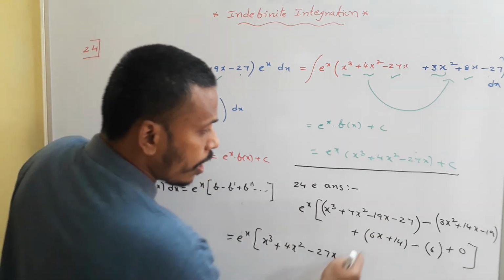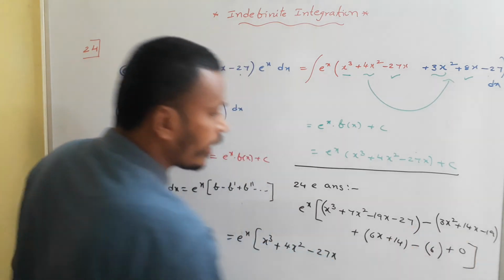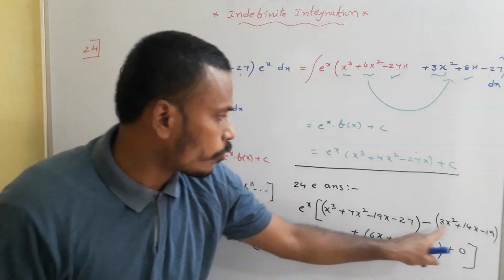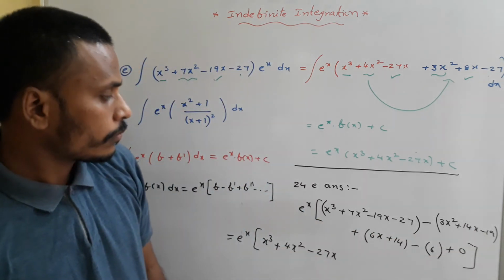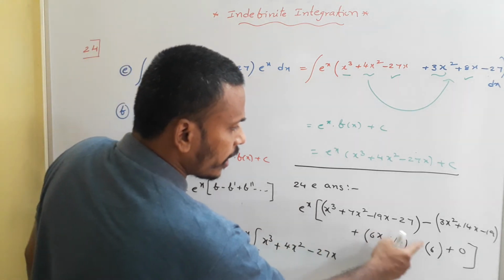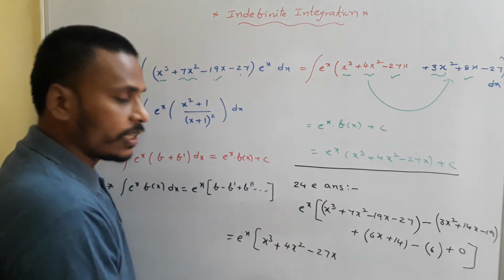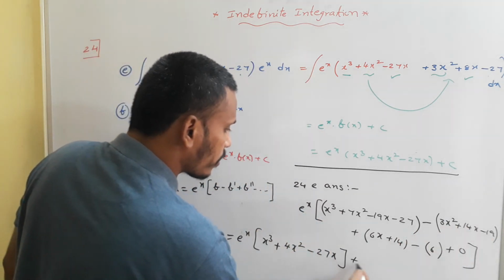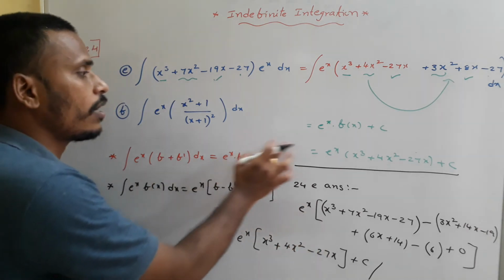And now see, plus 14 minus 6 plus 19 minus 27. Just have a look. This is what? Plus 19 minus 27x. So there is a chance it cancels completely. Minus 27 minus 6 is minus 33. Plus 19 plus 14 is again 33, gets cancelled. So this part plus c.